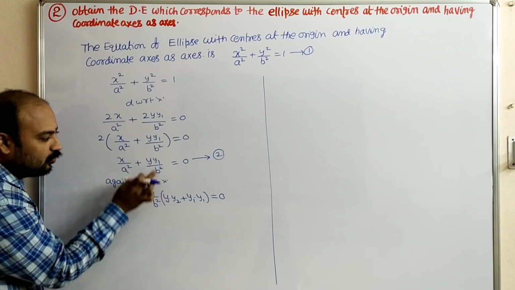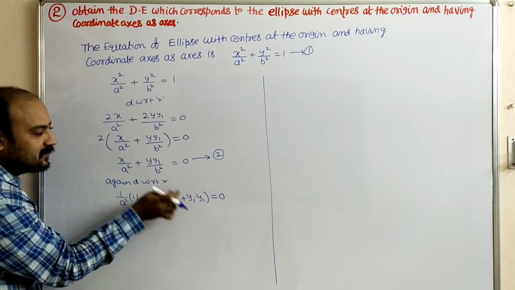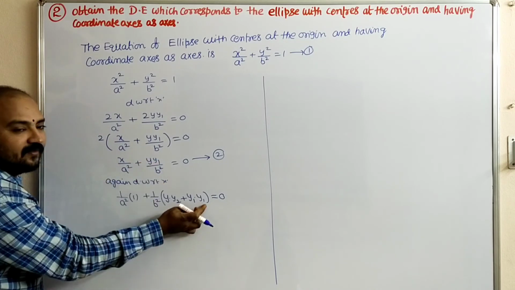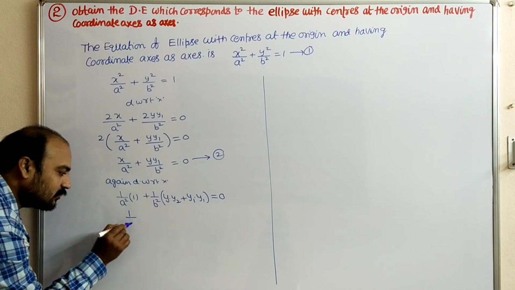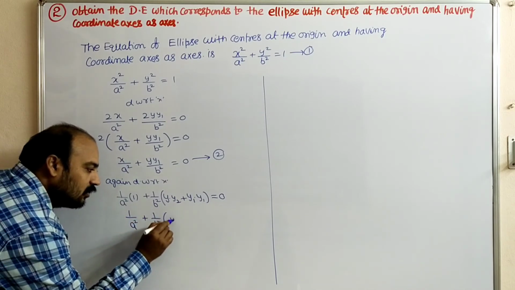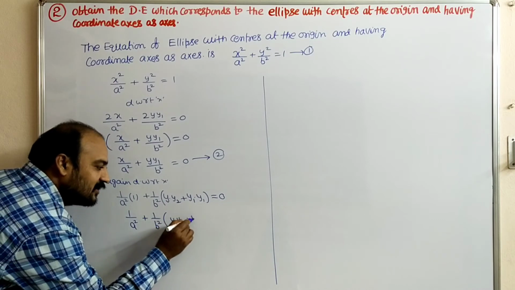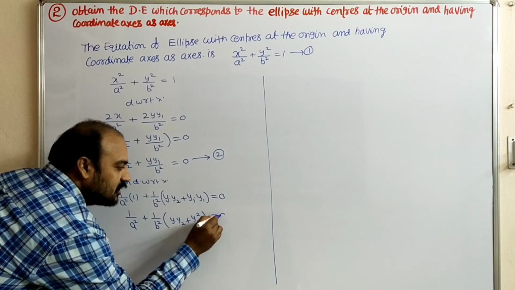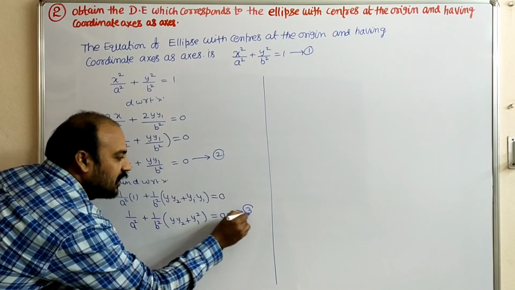So the derivative is y into y2 plus y1 into y1. So 1 by a square plus 1 by b square into y y2 plus y1 square, which is equal to 0. Put as equation number 3.